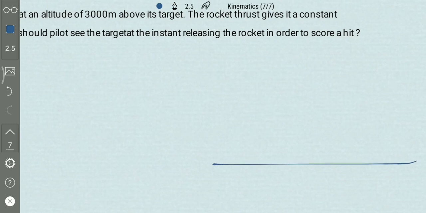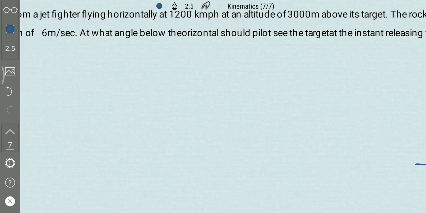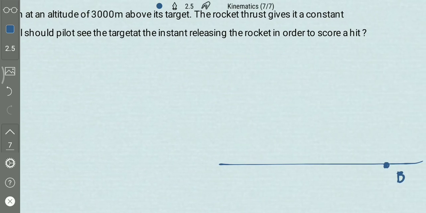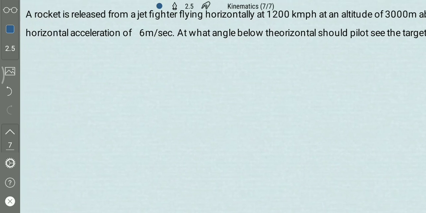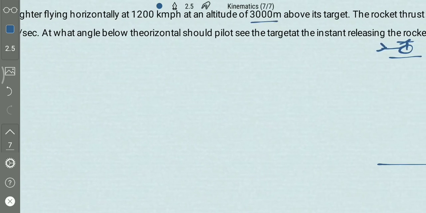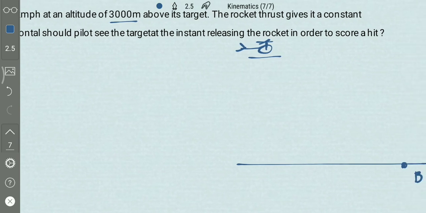This is the land. Suppose there is a point here, this is B, and the rocket, the jet is flying at a height of 3000 meters above its target.